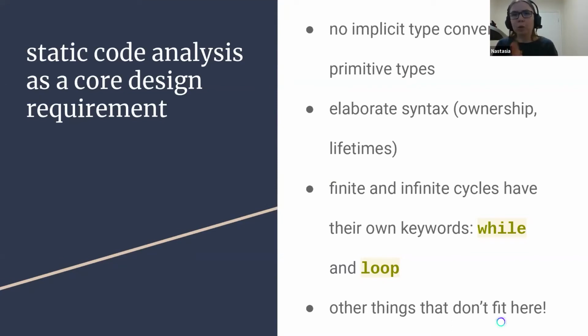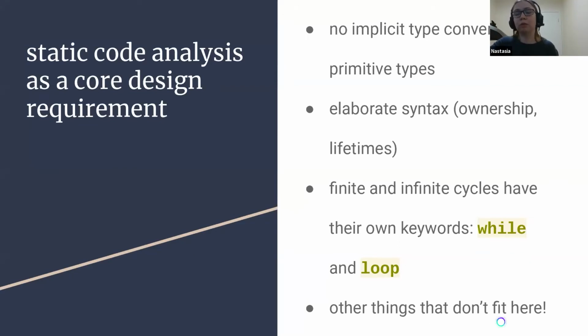And then one example of an interesting implication from my side about how static analysis is a requirement for the design is that you actually have two different keywords for finite and infinite cycles. So any cycle that has an end condition and absolutely has to finish at some point would be written via while. And I have completely confused my languages.